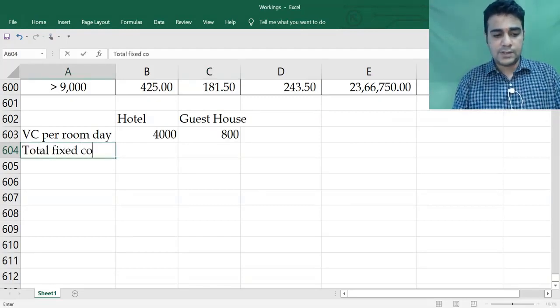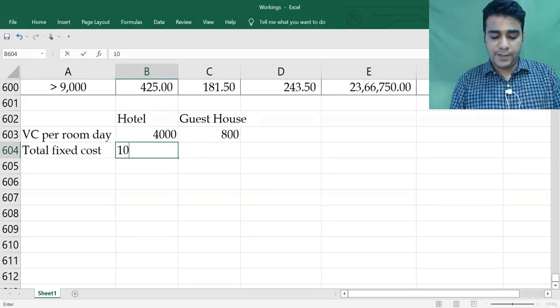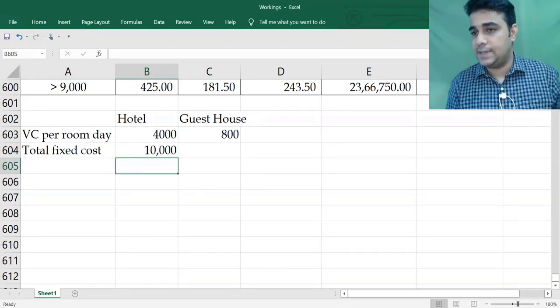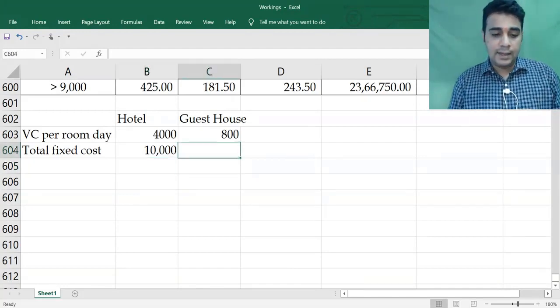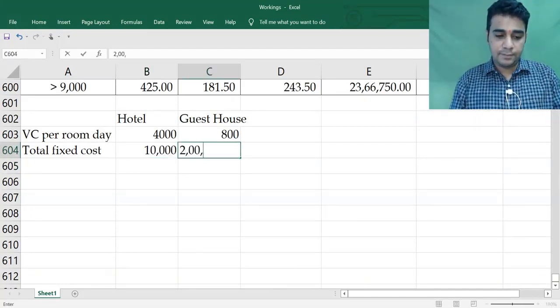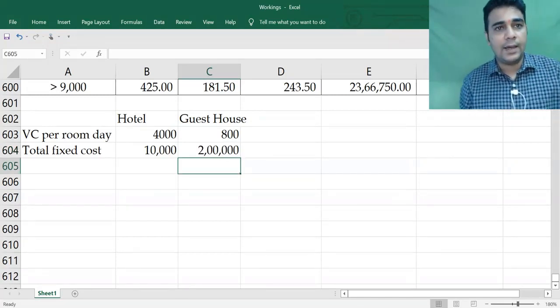Total fixed cost: under hotel arrangement, you need to pay a fixed fee of 10,000 rupees to that hotel. For the guest house you will have to incur 2 lakh rupees.